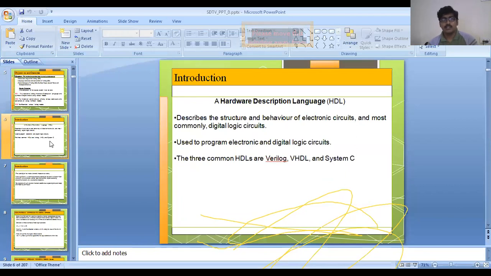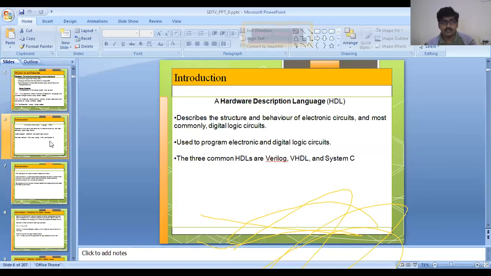Now, the general introduction of the subject: what is a hardware description language? You all know that a hardware description language is writing some code and verifying the functionality of the devices.